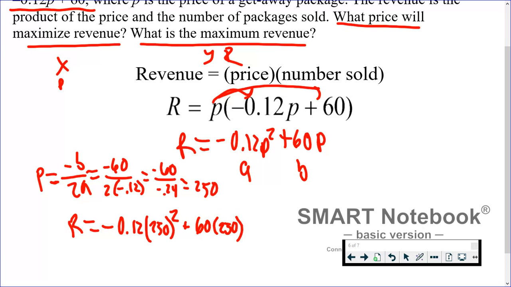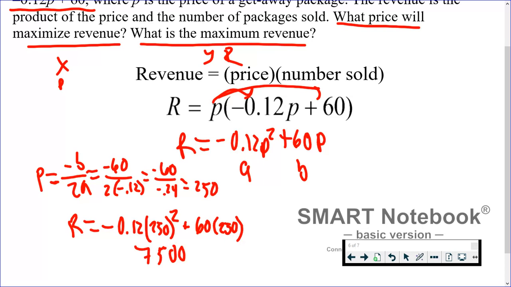All right, and then when we do that, you generate $7,500 of revenue.